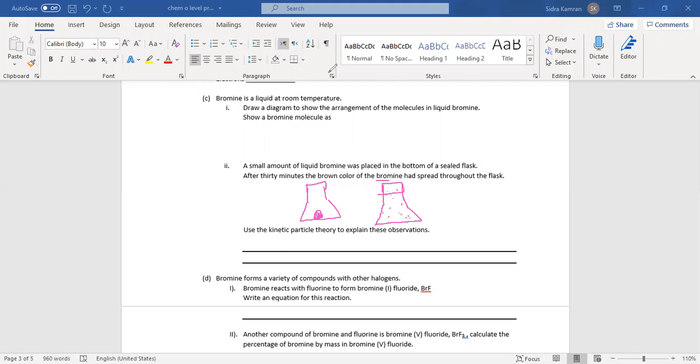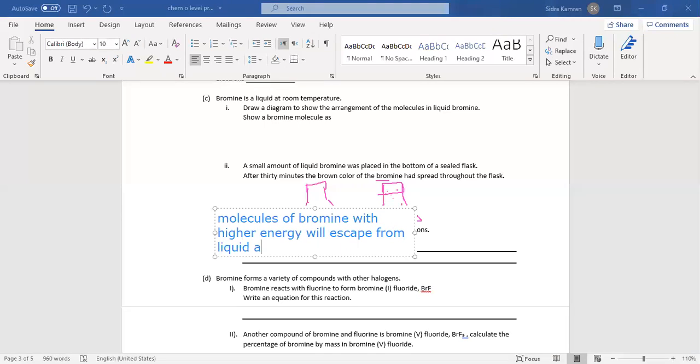So you can answer this as: molecules of bromine with higher energy will escape from the liquid and mix with air molecules. This flask contains the air.